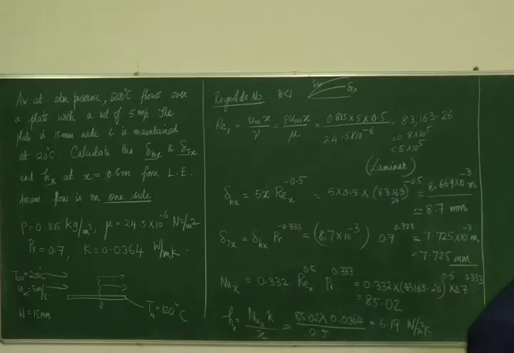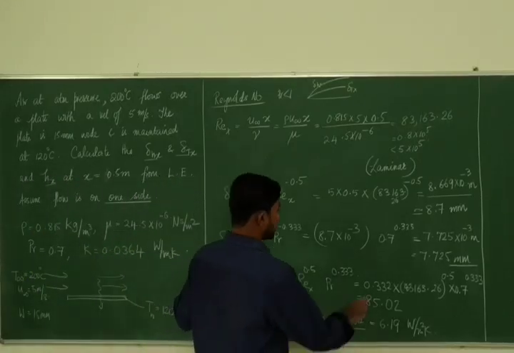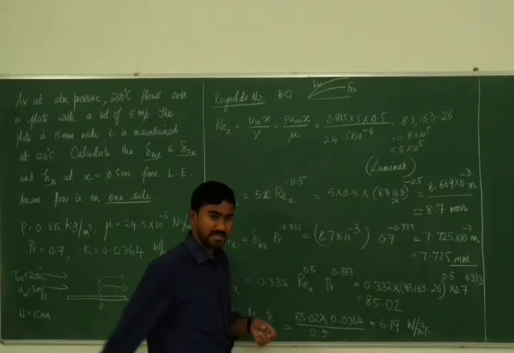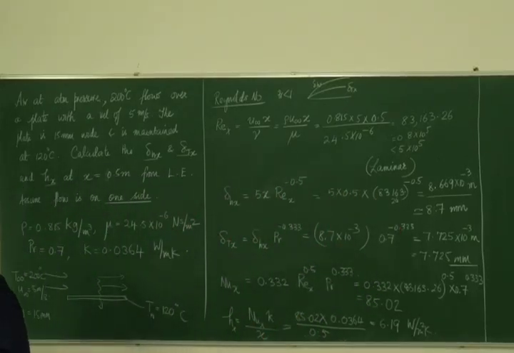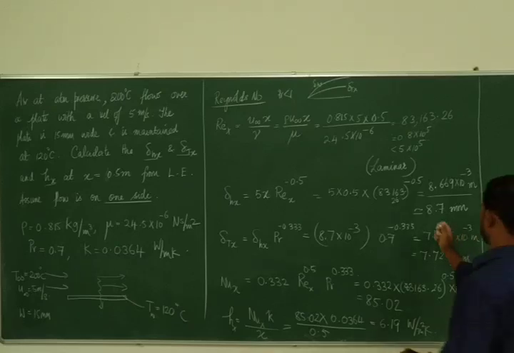Those are the values. Let's see the answers. Okay, there's a small mistake here. I have written minus here, but on substitution I have not put a minus. So that's a small mistake that we made. And the thermal boundary layer thickness happens to be 9.763 mm.